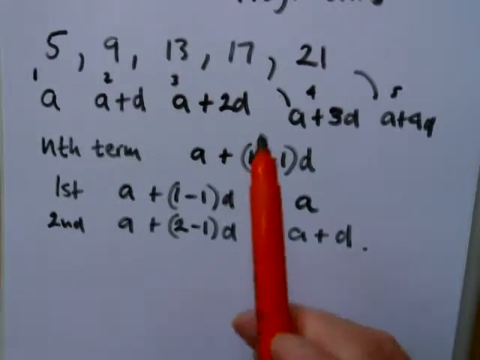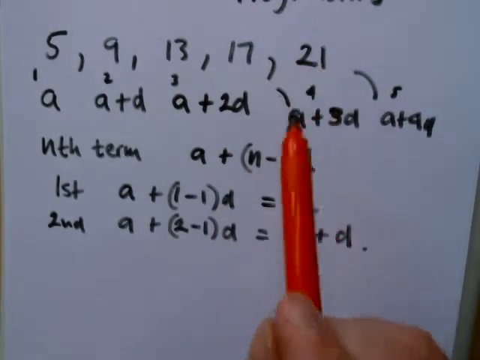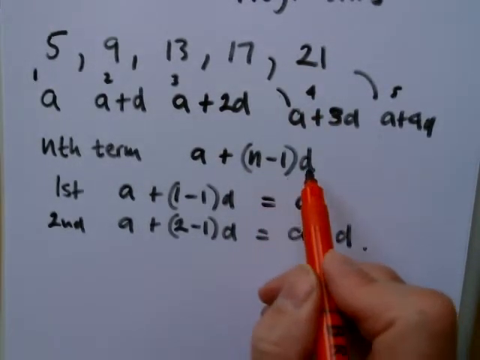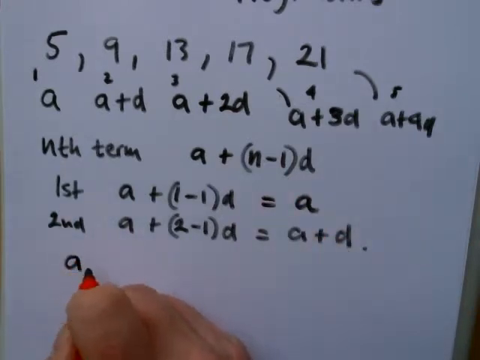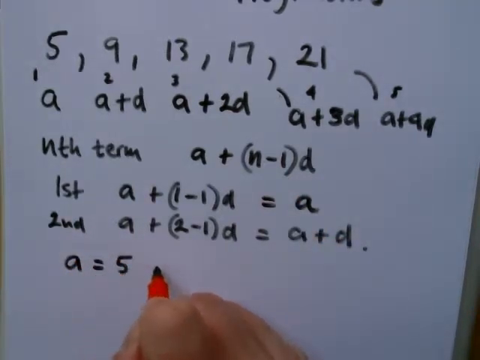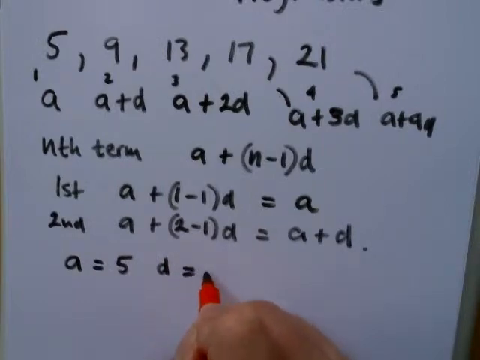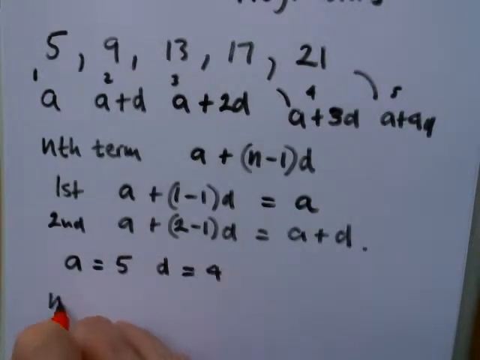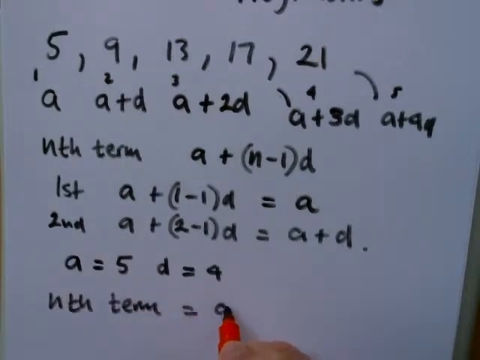So if I was going to write the nth term of this particular sequence, then I can do it, because I know that in this sequence A is 5 and D is 4. So the formula then for the nth term is A plus (n minus 1)D, and I have all the values that I need.